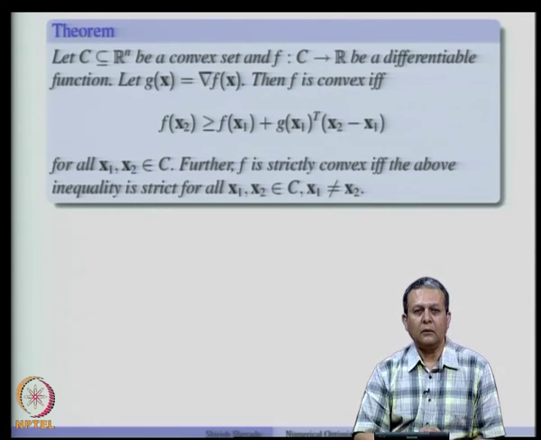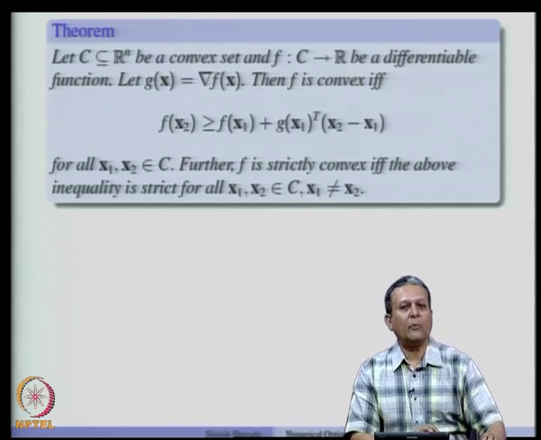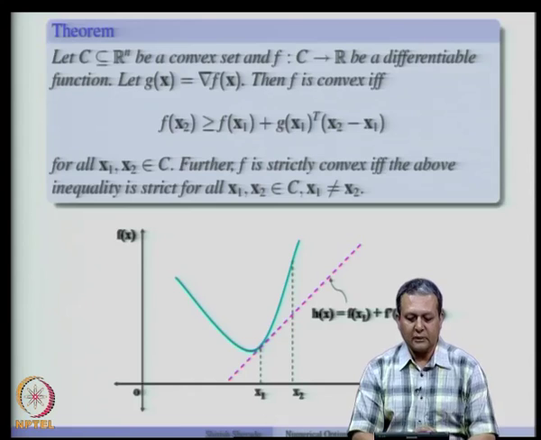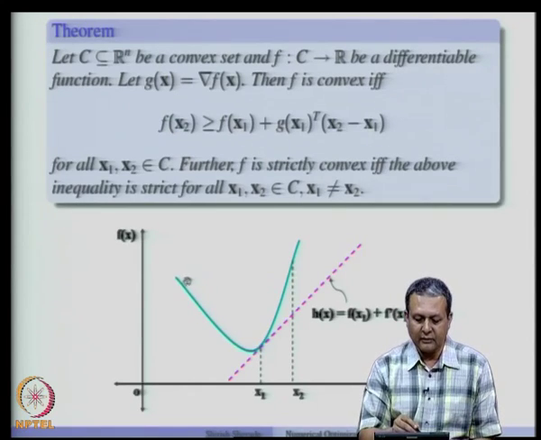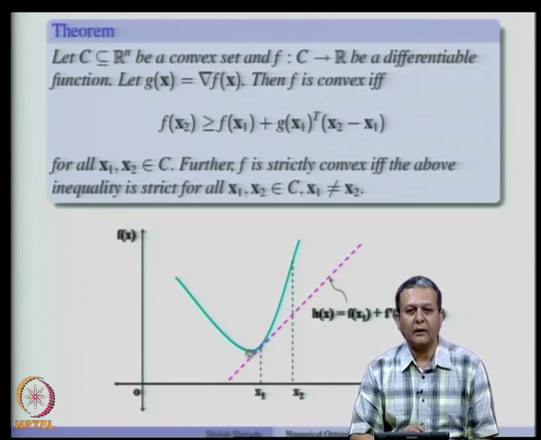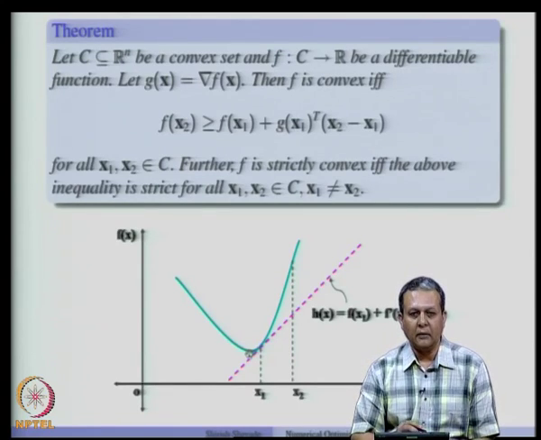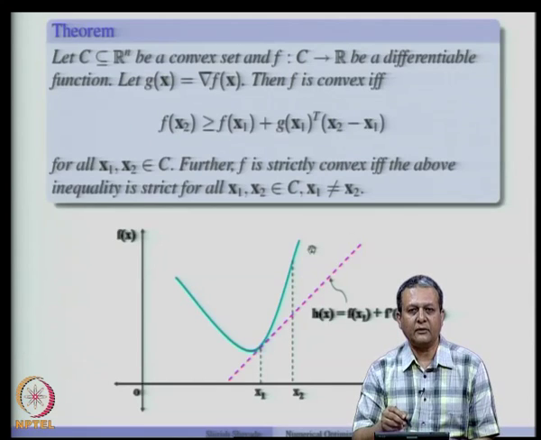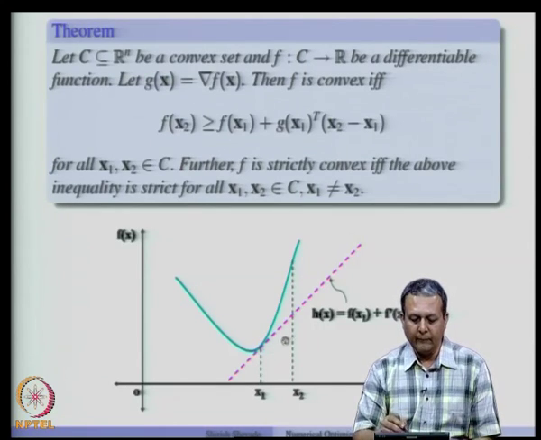Okay. Now, before we study the proof of this theorem and its implications, let us try to see the geometrical interpretation of this theorem. So, let us take a function f(x) which is shown here with the green line. The theorem says that this function is convex if and only if this holds.